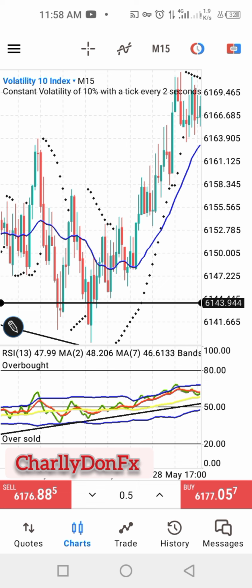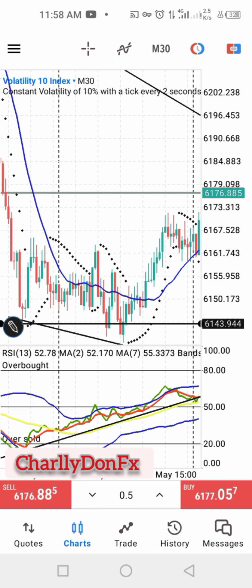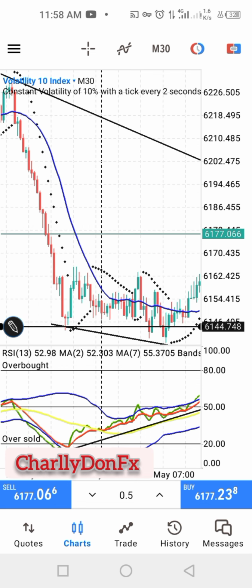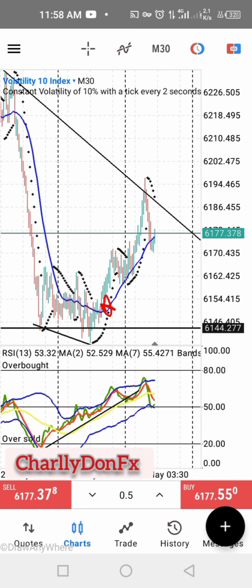Now take a look at 30 minutes. The same divergence occurred. This is 30 minutes. Let's minimize it. The same divergence. We took our buy at this place.